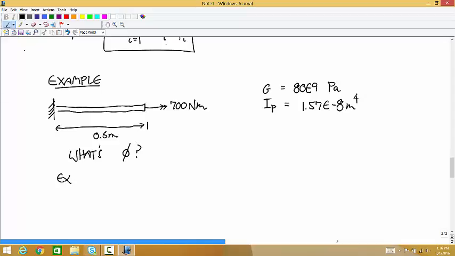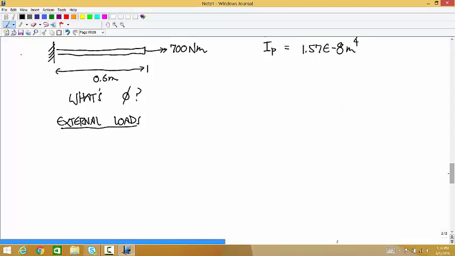Well, first we have to know the external loads, then we have to calculate the internal loads. The only loads that are being applied here are torques about the x-axis. So we have a reaction torque, TR, and a torque here of 700.